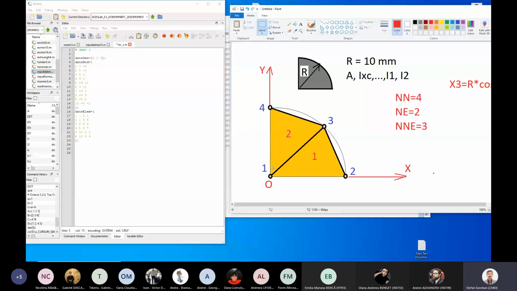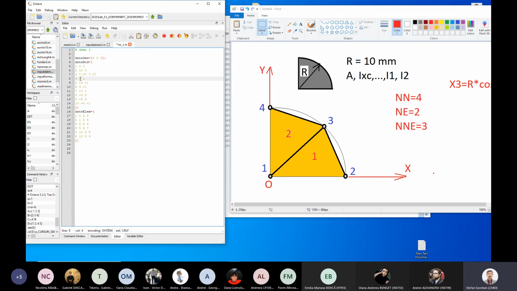So node 1 has x and y 0 and 0. Node 2 has x 10 and y 0. Node 3 has, let's say, 7.07 and 7.07.